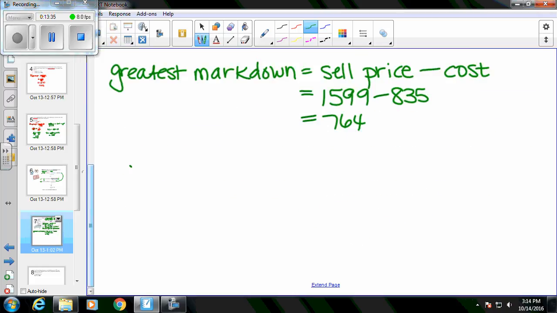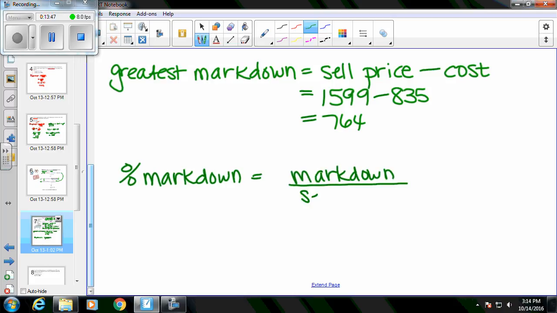Okay? So I'm going to extend my page here. So my percent markdown equals my markdown over my selling price. So my markdown was $764 over my selling price of $1,599.